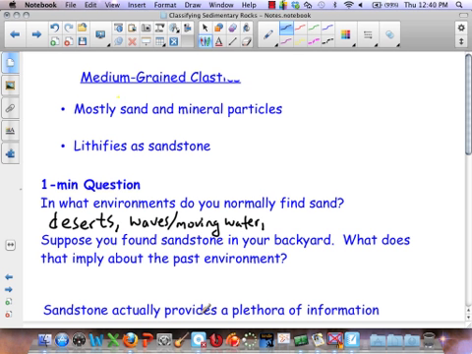Once we get a lot of sand. Why do we get the sand down there? Okay. There we go. Okay, so maybe it's where there was water.